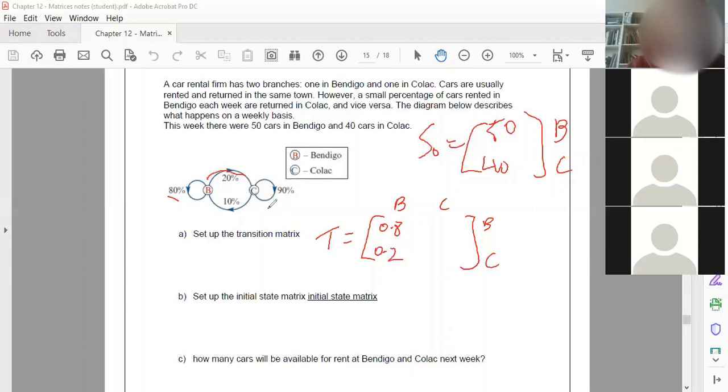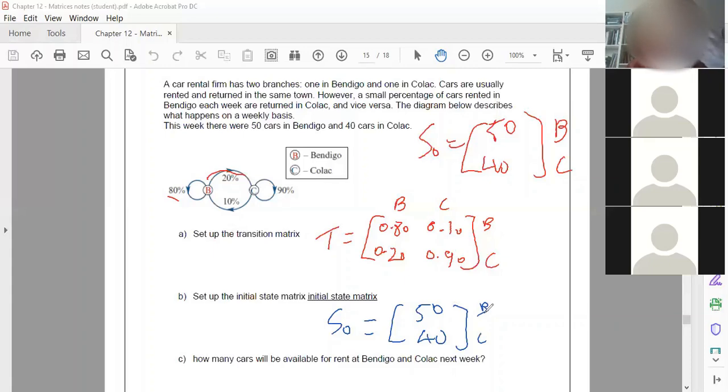Colac to Colac, 90. So Colac to Colac is down here, that's 90. So this one must be 0.1. Okay, you can do the 2 decimal places if you want. It doesn't really matter. The second one, set up the initial state matrix. So I've already set it up at the top, but S of 0, 50 and 40. Remember this was Bendigo, this is Colac.